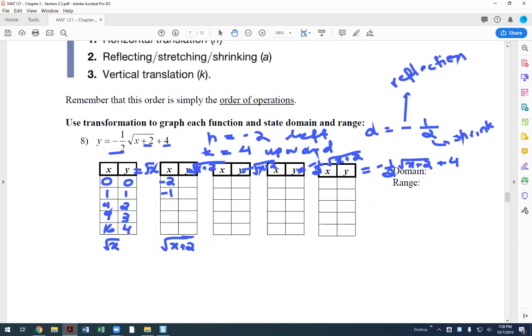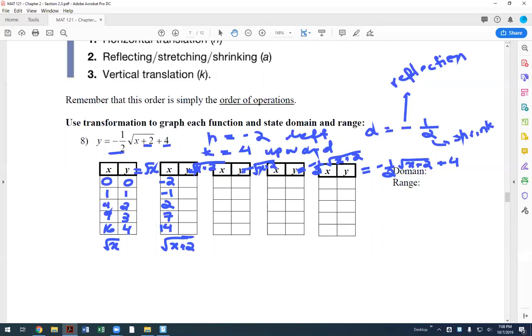You said 2. So let's see, this gives me a 0, this gives me a 1. This will give me a 4. And you said 7. Yeah, that should work. 14, which we won't really be able to graph.